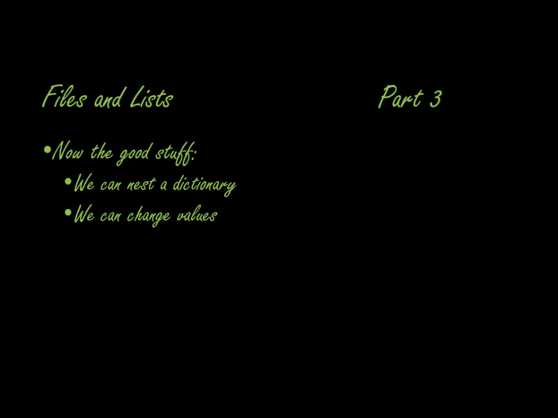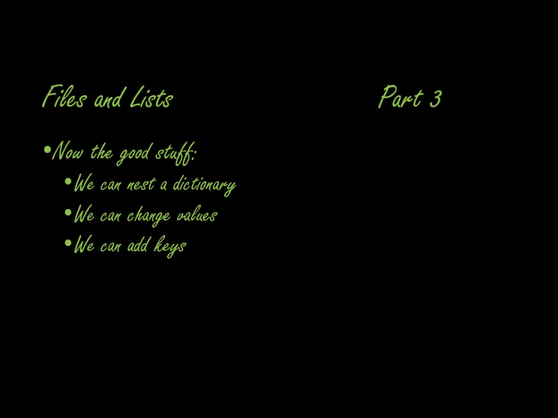The example I gave you at the beginning of class, where we want to go in and change somebody's grade. With a list, we have to rewrite the entire list. With a dictionary, even a nested dictionary, we can go in and change just one value, which makes this, again, extremely more useful than what the list was.